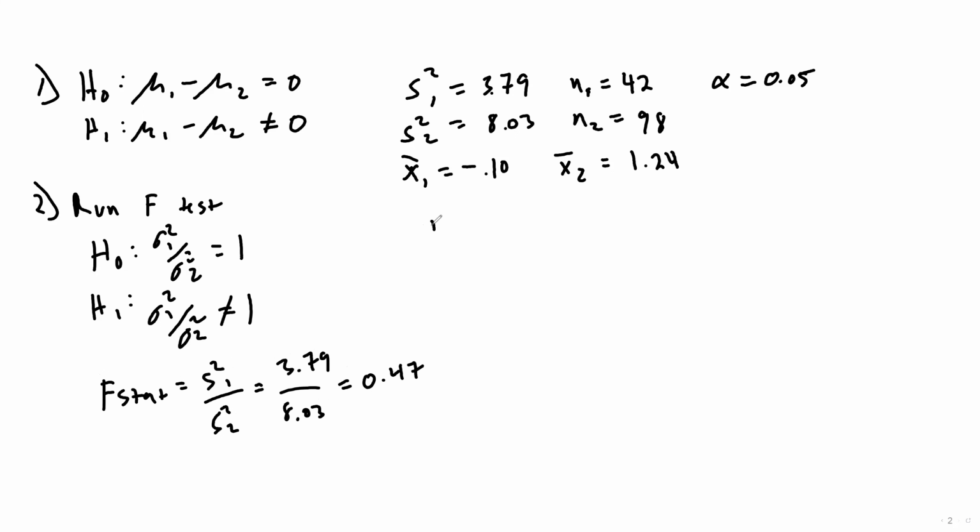Now, if we want our F critical value for our upper, remember it's F of alpha divided by 2, comma, n1 minus 1, n2 minus 1. This is our upper. So for our upper, it's going to be F of 0.025, comma, 41, comma, 97. So that's what we're looking up on our F table.